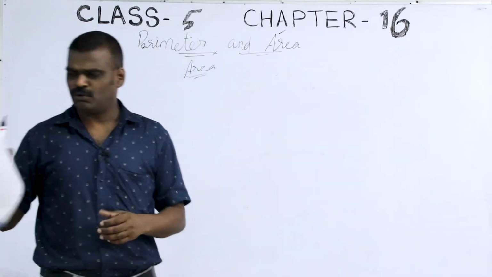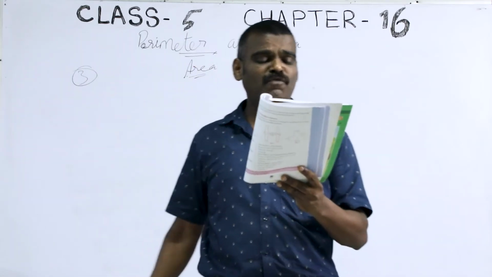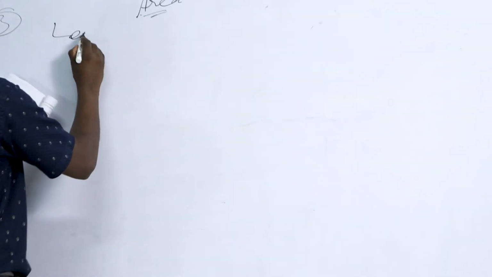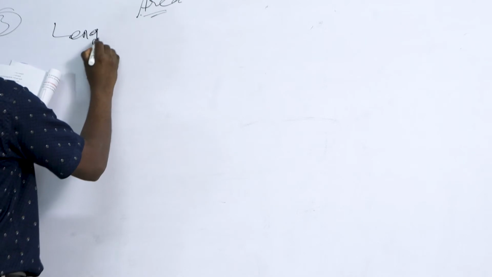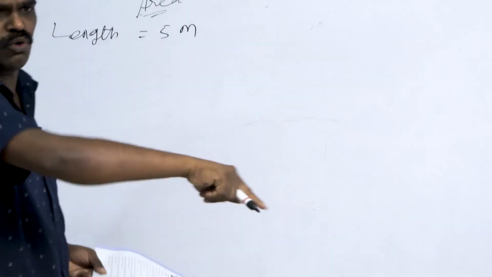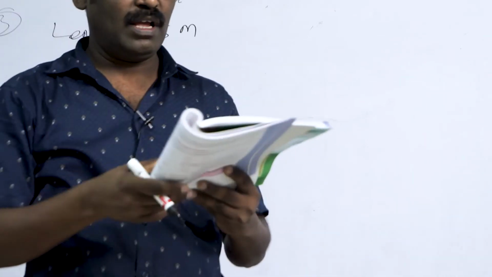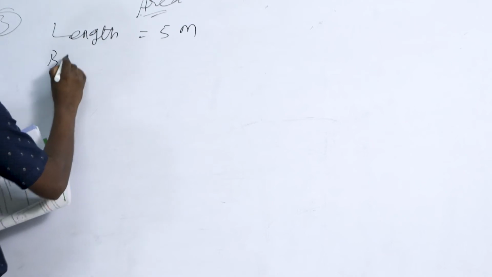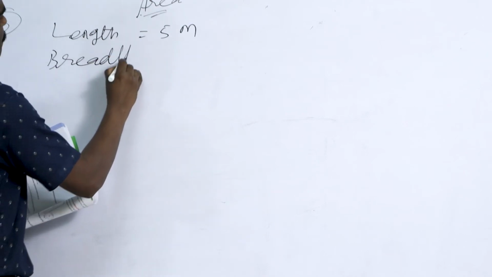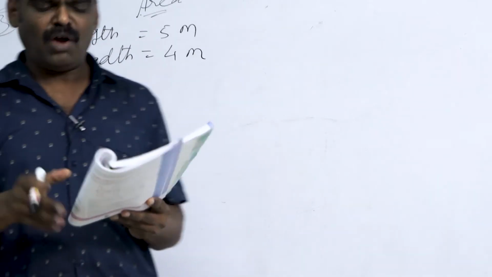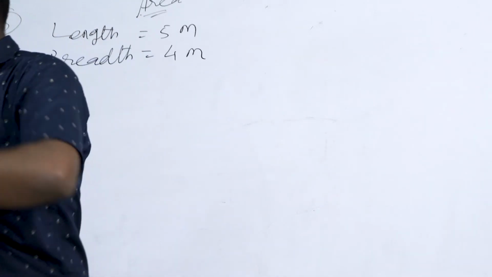Okay? Read the question, all of you with me. The floor of a room is 5 meter long, length is given. The length of the room is how much? 5 meter long. And breadth is how much given? 4 meter. Now you are going to put up carpet, right?